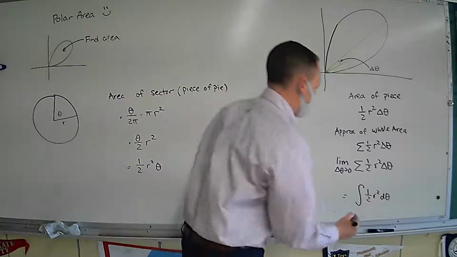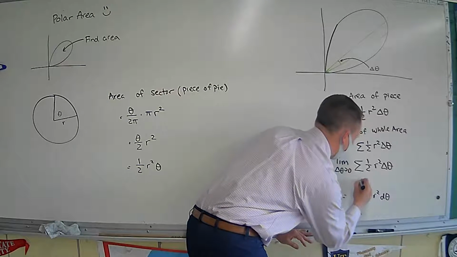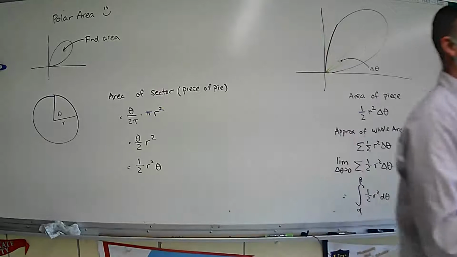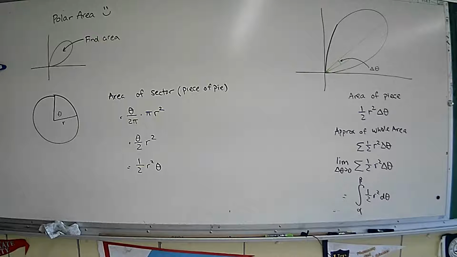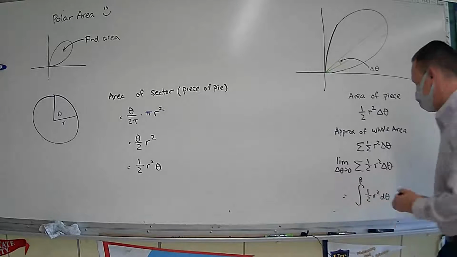And then all you got to do is just say, okay, well, where am I summing these up from? And instead of using A and B, I'm going to use alpha and beta. Now, why am I using alpha and beta instead of A and B? That's a terrible looking alpha. Looks like 9.